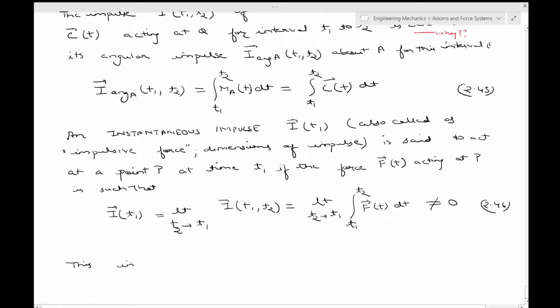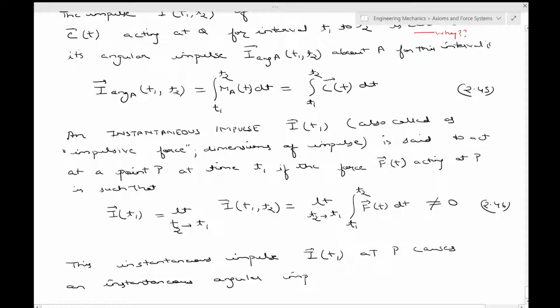So this instantaneous impulse also causes an instantaneous angular impulse. Impulse I of t1 at P causes instantaneous angular impulse about A at t1.